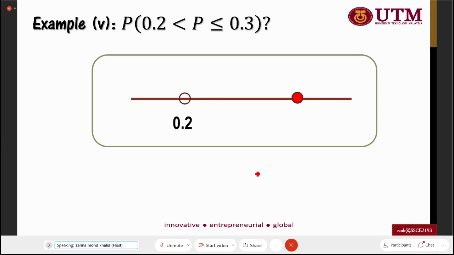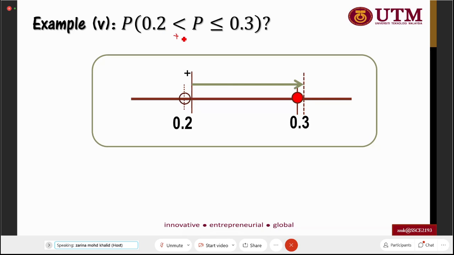You don't want to include 0.2, so you have to exclude 0.2. So you have to start off from a value slightly higher. So in that case, you have a plus here. So you want the area above 0.2 up to slightly greater than 0.3, because you want to include 0.3. So the first one you have to plus. You start at a value slightly higher. You don't want to include 0.2, so you plus here.